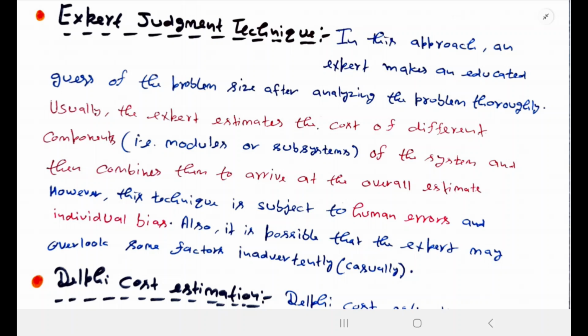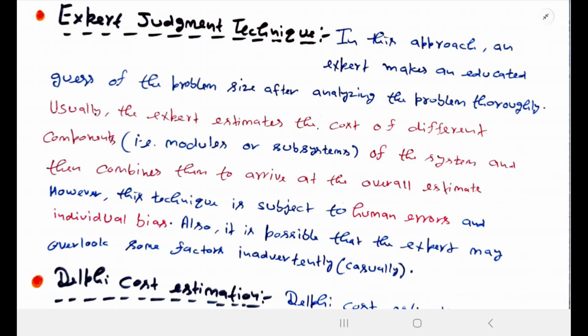As the name suggests, expert judgment means there will be an expert who will make a guess about the cost, size, and duration of the project.